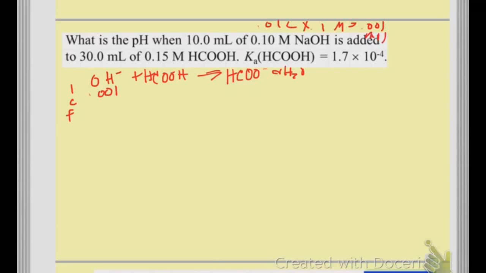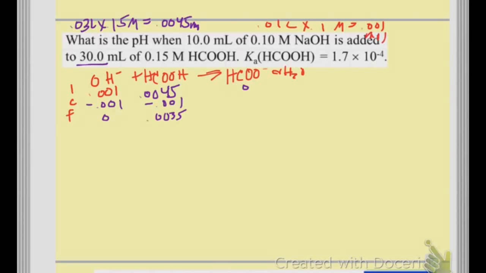So I know I have 0.001 moles of the hydroxide. I have 0.0045 moles of the formic acid. I originally have none of the formate ion, right? I'm going to use up whatever I have less of here, and that's going to be the hydroxide.